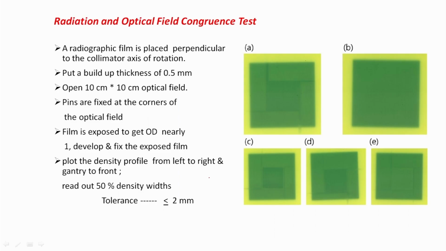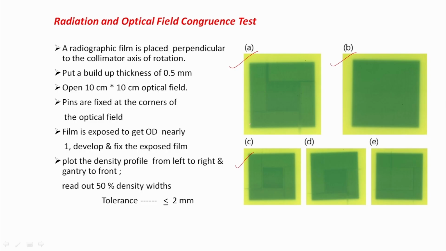Then radiation and optical field congruence. In a linear accelerator, there is not a single energy like a telecobalt. There are multiple energies like 6, 10, 15. So for multiple energies, you need to use multiple films, because this is film based and this is a Gafchromic film. You can see that the Gafchromic film looks like this, and suppose this is a 10 by 10 field size.